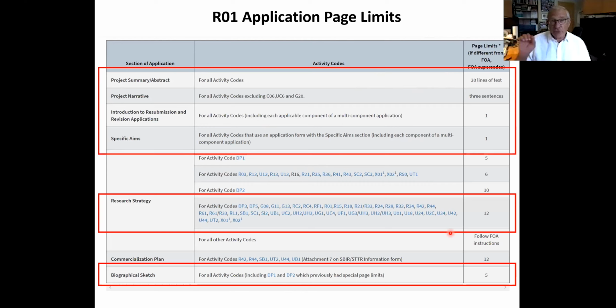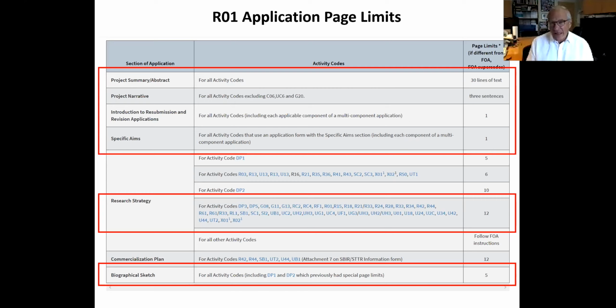Well, let me go back to this, because if you don't, and when you submit your grant to the Center for Scientific Review, otherwise known as CSR, they're the ones that assign your application to an institute and to a study section.